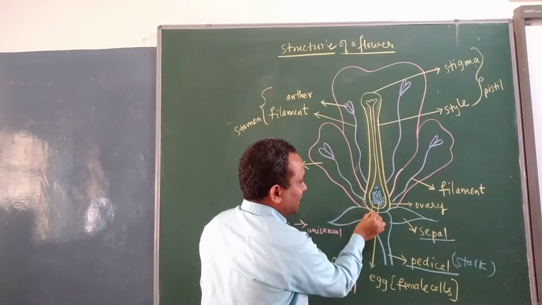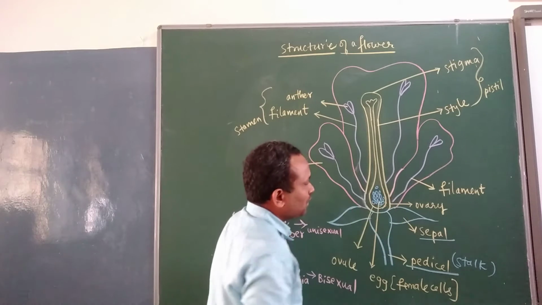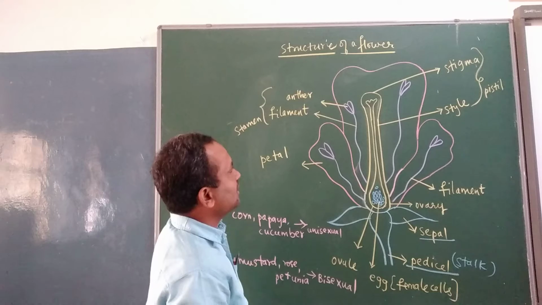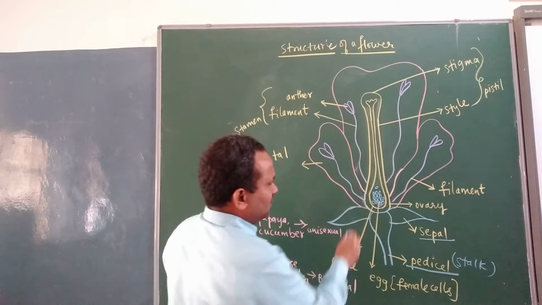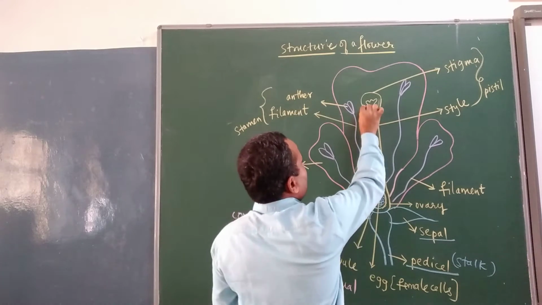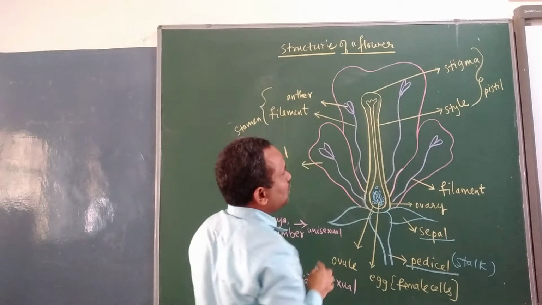Sepal is next converted into this yellow color part, which we call the ovary. What? Ovary. See children, after this ovary, it continues like a tube.